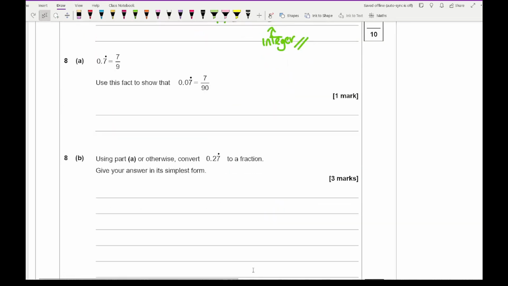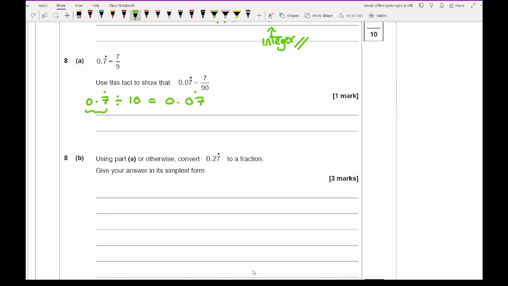Then moving on to question 8, it says 0.7 recurring equals 7 over 9. Use this fact to show that 0.07 recurring is 7 over 90. Well, if I do 0.7 recurring divided by 10, then I end up with 0.07 recurring.